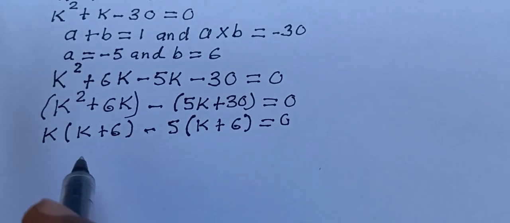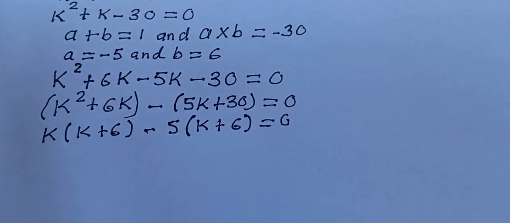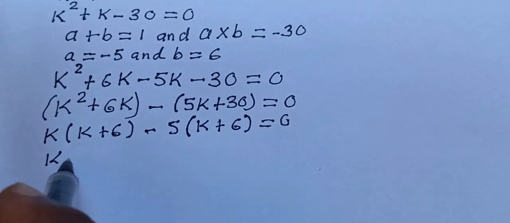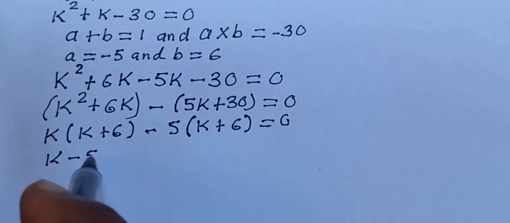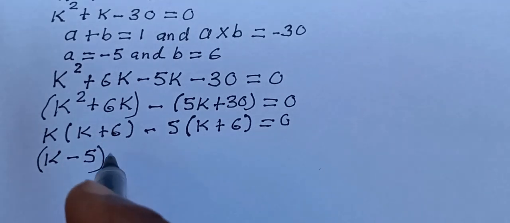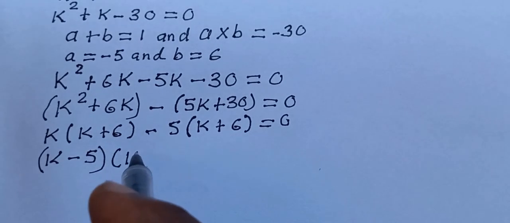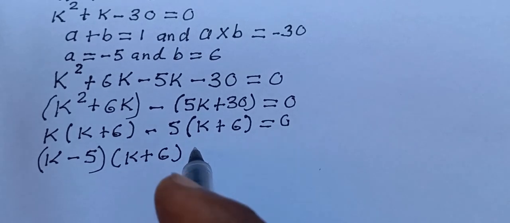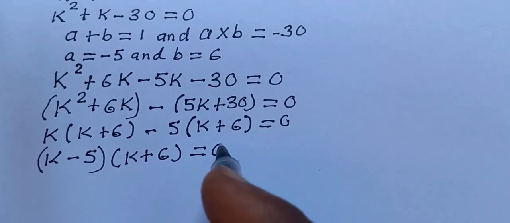So here we have k minus 5 in the bracket, then take one of these, k plus 6 in the bracket equals 0.